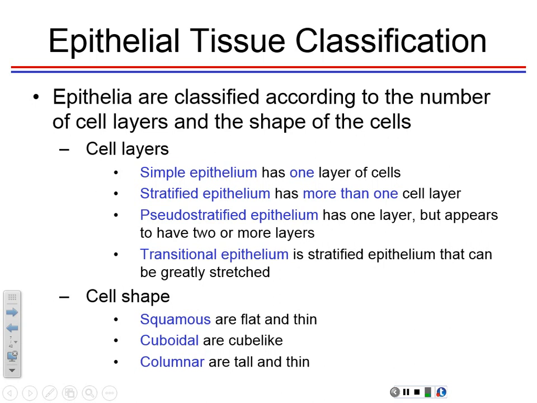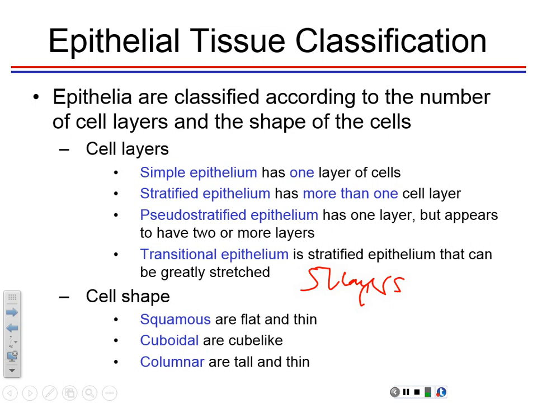When it fills up, it's stretching. So the cells are normally about four to five layers when the organ is not stretched, and they are cuboidal in shape. When the organ is stretched, like when your bladder fills up with urine, then you have fewer layers, and they are more squamous. You can imagine that, right?